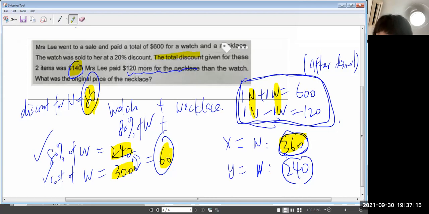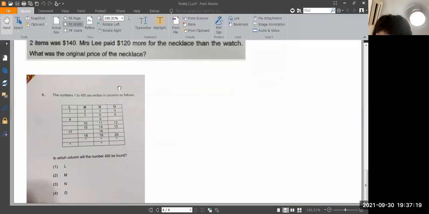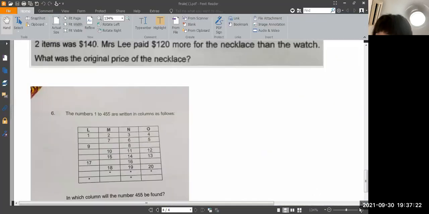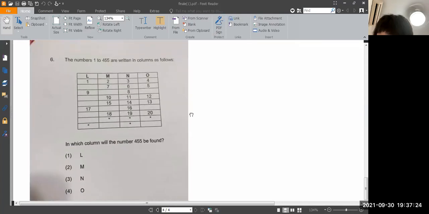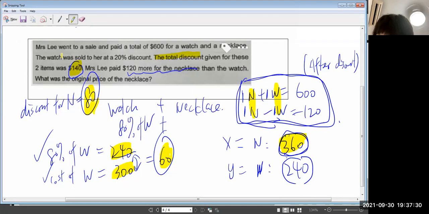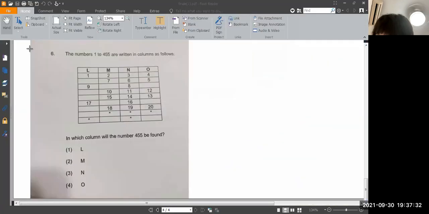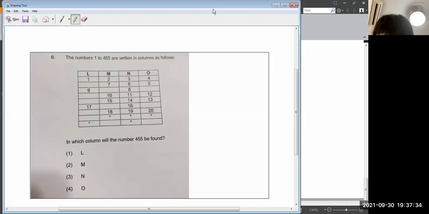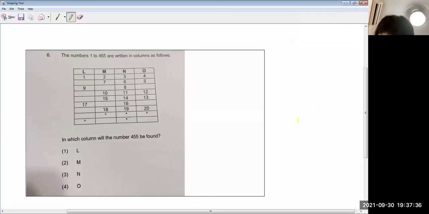Last question. This is a slight variation of the number pattern question. You better know how to do this question. Question 6. Last question.